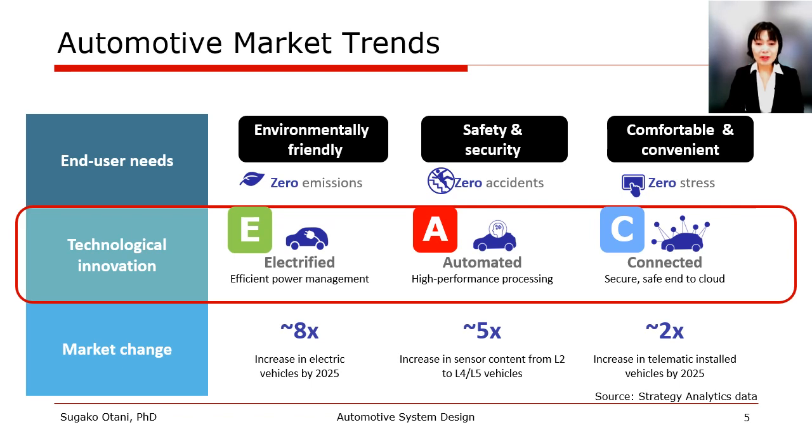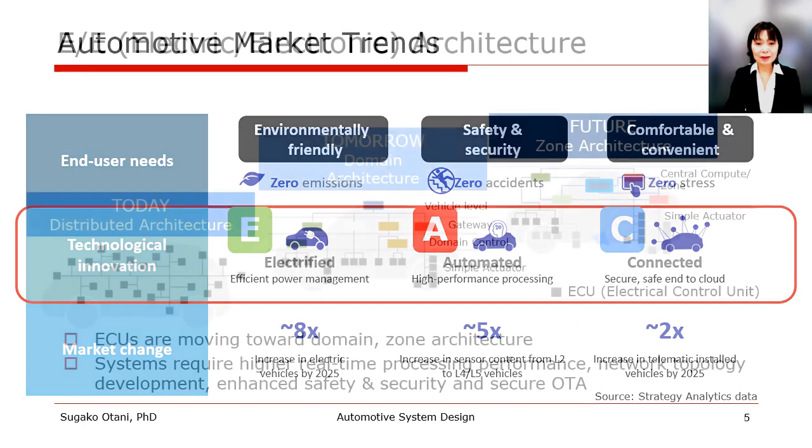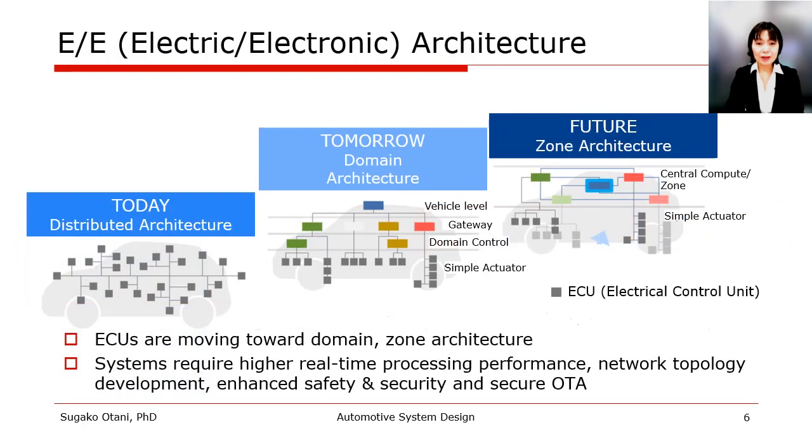Telematics-installed vehicles will double by 2025. To meet the requirements, the in-vehicle EE, electronic architecture, will evolve. Systems require higher real-time processing performance, network topology development, enhanced safety, security, and secure OTA.